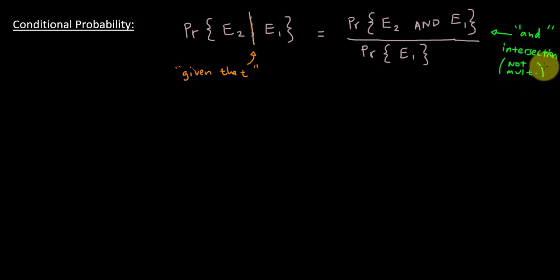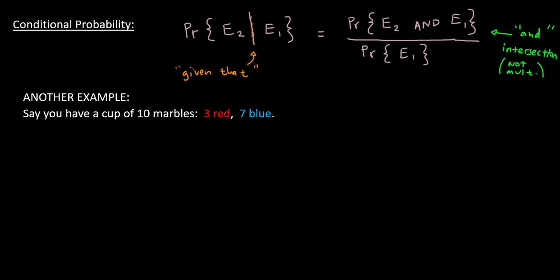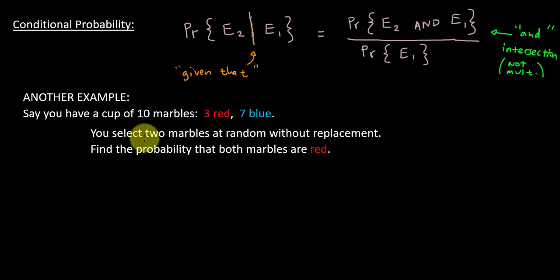I want to provide you with another interpretation of conditional probability. Let's consider the classic cup of marbles. There's 10 marbles in this cup, and 3 are red, 7 are blue. And let's suppose that you're going to select 2 marbles at random without replacement.